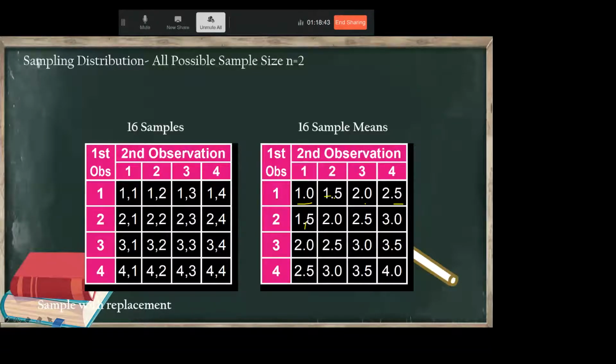Now, what we have done, we calculated each sample mean based on this population. So instead of drawing the probability distribution, which we observed was uniform in the case of population, if we construct this probability distribution now, then what will be the shape of it?